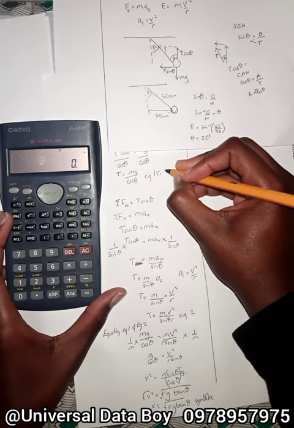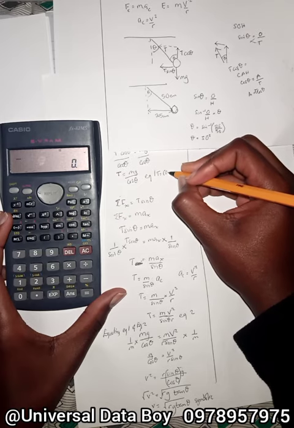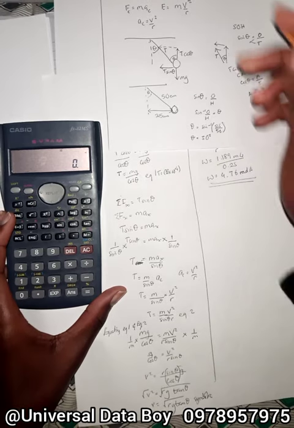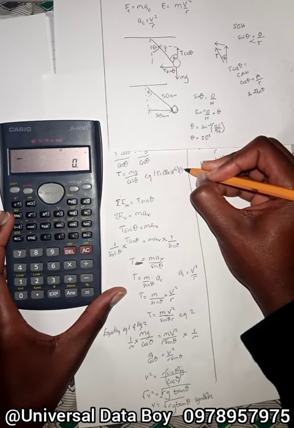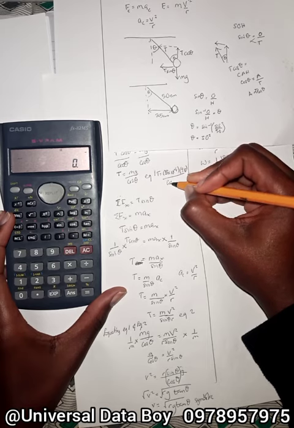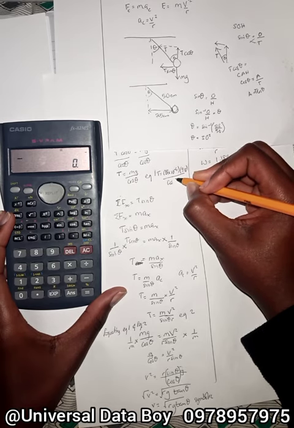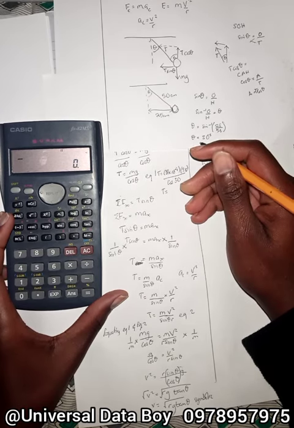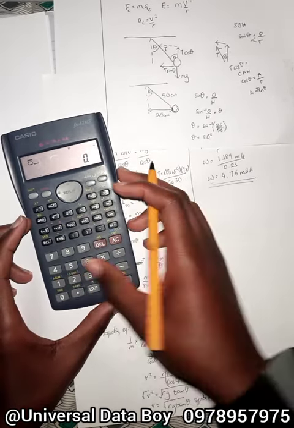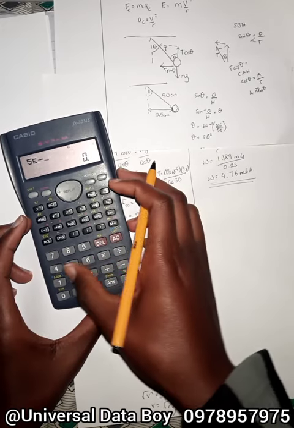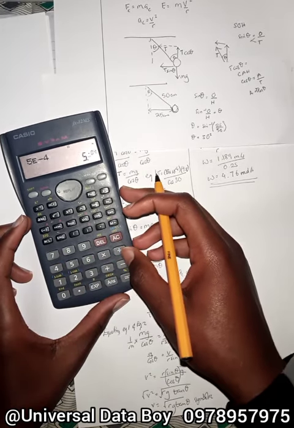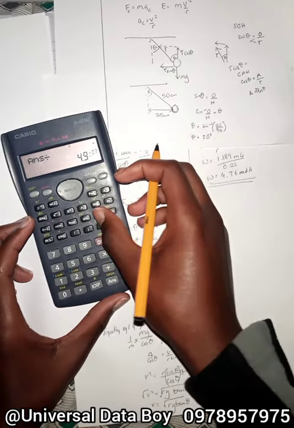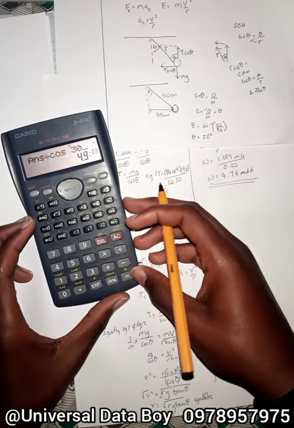So t is equal to m, which is 5 times 10 to the power negative 4, from our data, times 9.8 divided by the cos of 30.